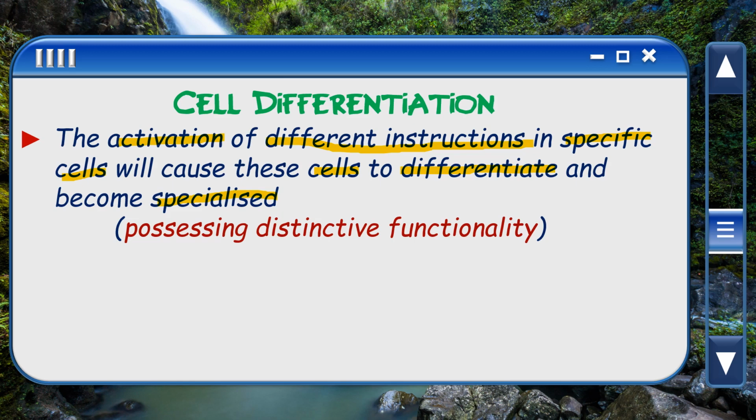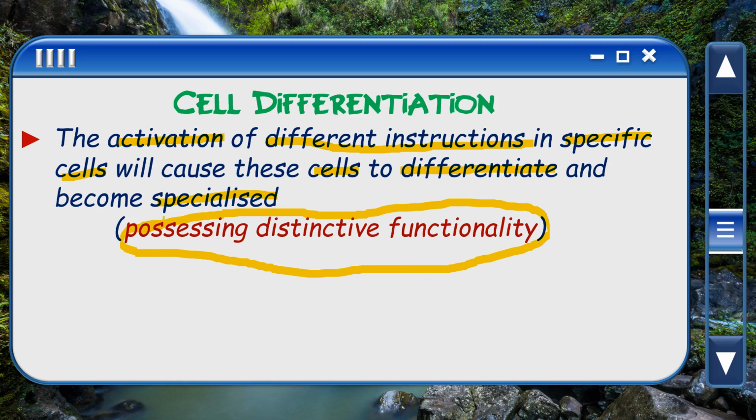It is going to specialize. By specializing, we are saying it is doing a specific function, possessing a distinctive functionality. How do they get this? Yet they have the same genetic instructions.